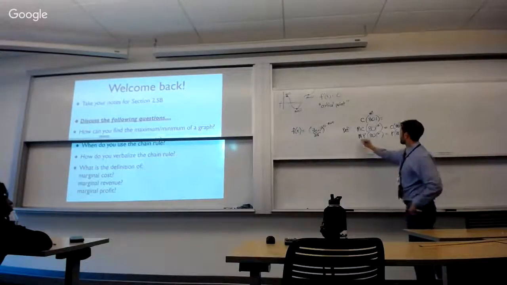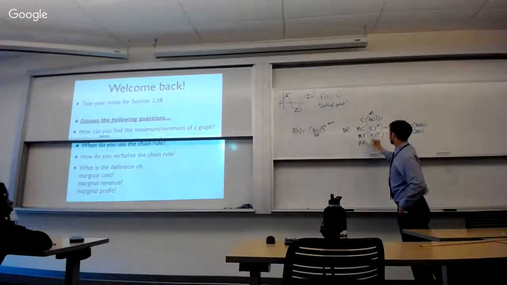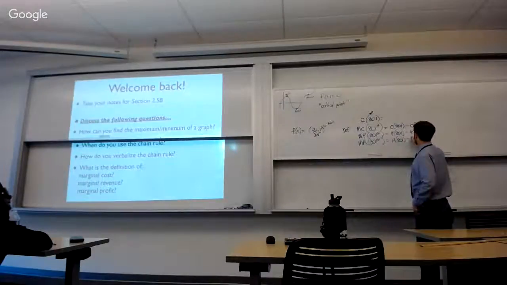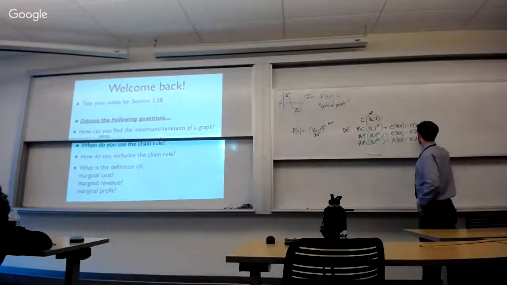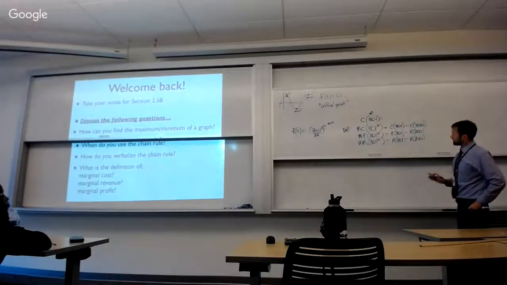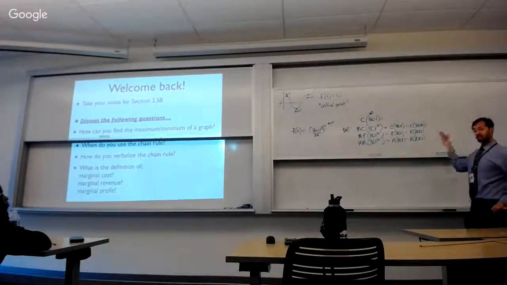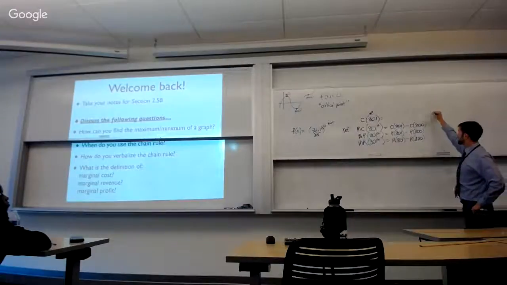And it would work the same way with revenue. So marginal revenue of the 801st item would be the revenue of all 801 items minus the revenue of just 800 items. All of those are the actual definition of marginal, whereas calculus gives us a slightly faster way of computing all of that.